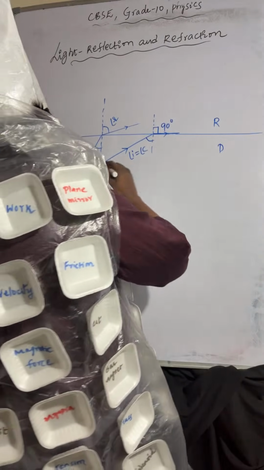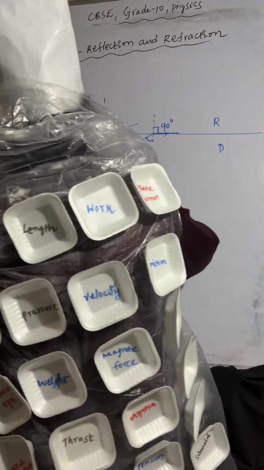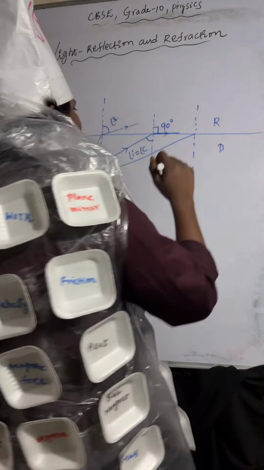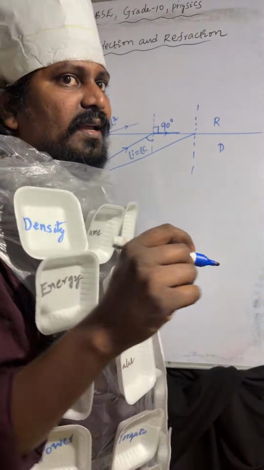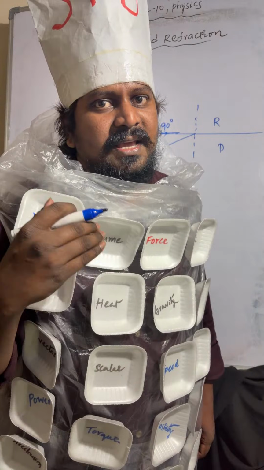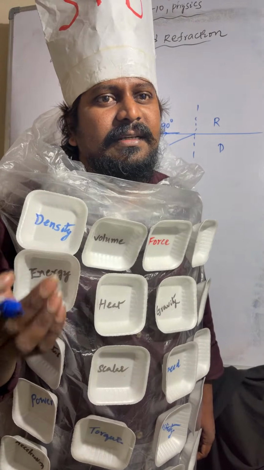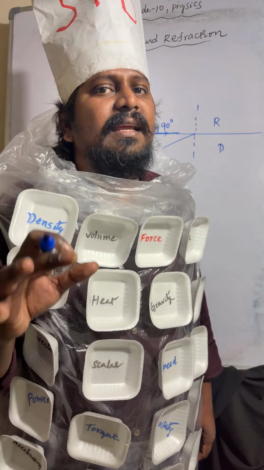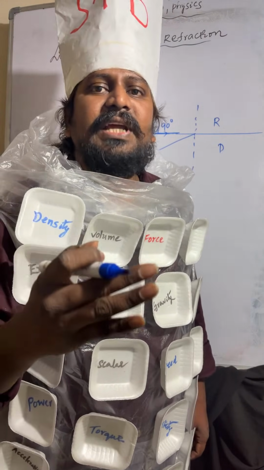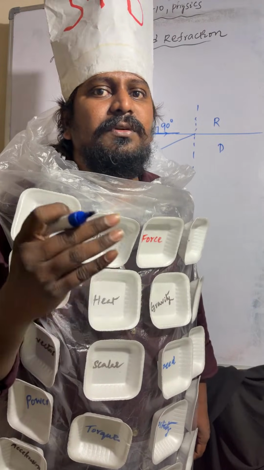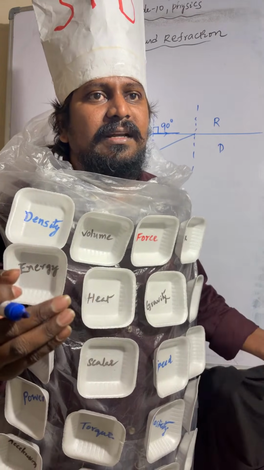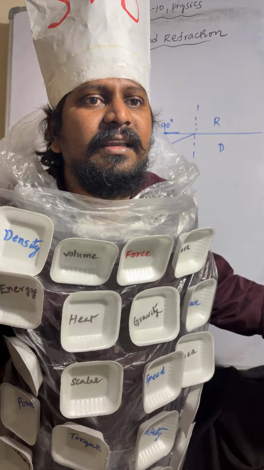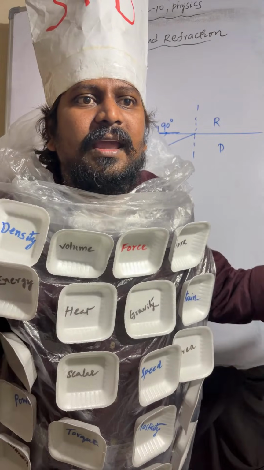So I am taking one more case. The light ray is passing from denser to rarer. So what exactly happens? In the rarer medium, it makes more than 90 degrees.